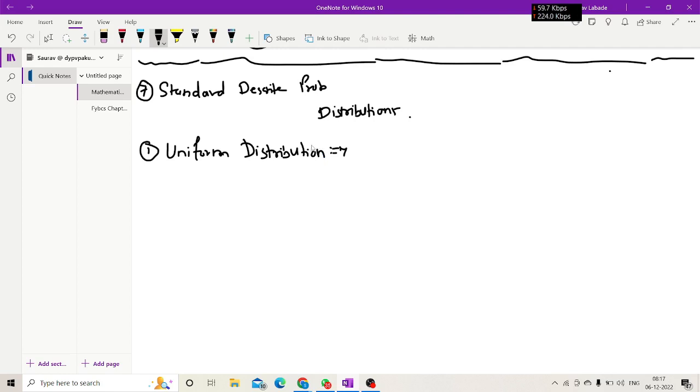So let's start with this. What is the definition of the uniform distribution?